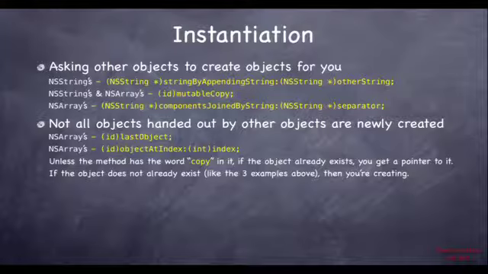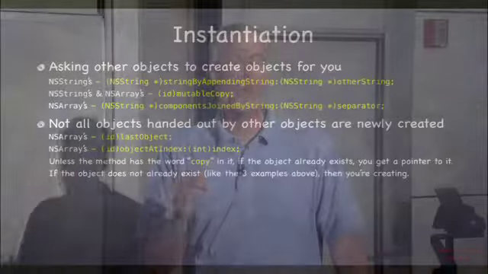If you put an object in an array, it's strongly pointed to. So until that array goes away, or if it's a mutable array you remove the object from the array, that object is going to have a strong pointer to it. That's true of all the collection classes, array, dictionary, all those have strong pointers.